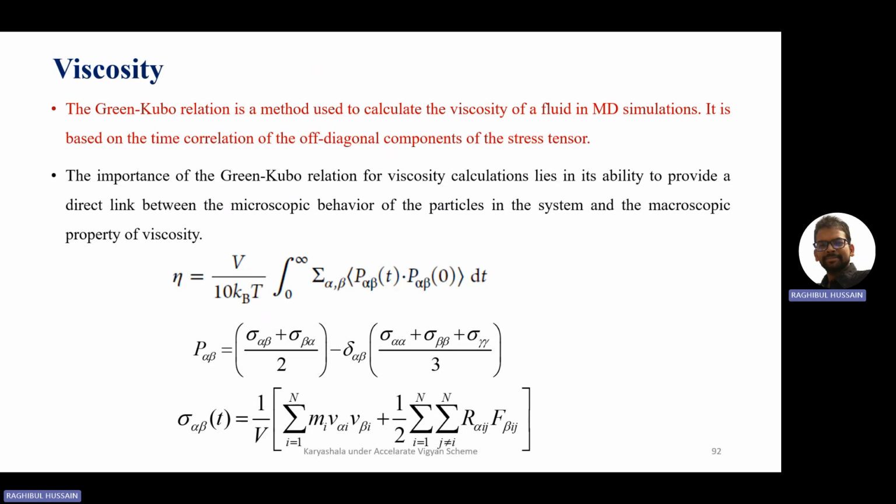Now here j will not be equal to i. That means 1 1 is not acceptable, because if it is 1 1, then it will go to the pressure tensor. But I am doing the stress tensor. I am not doing the normal stress, I am doing the shear stress. So for shear stress, i is not equal to j. So if this is i, then these two are j. Right? Clear, no?